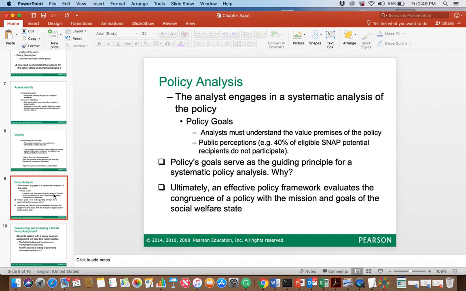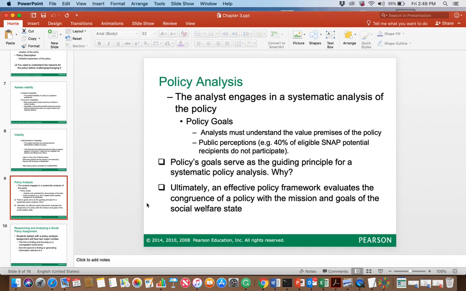I have given here an example that I think is a question in the book, which is public perceptions, e.g. 40% of eligible SNAP potential recipients do not participate. In other words, people who are supposed to receive this supplementary food do not receive it. Why don't they receive it? Obviously, the answer is public perception.